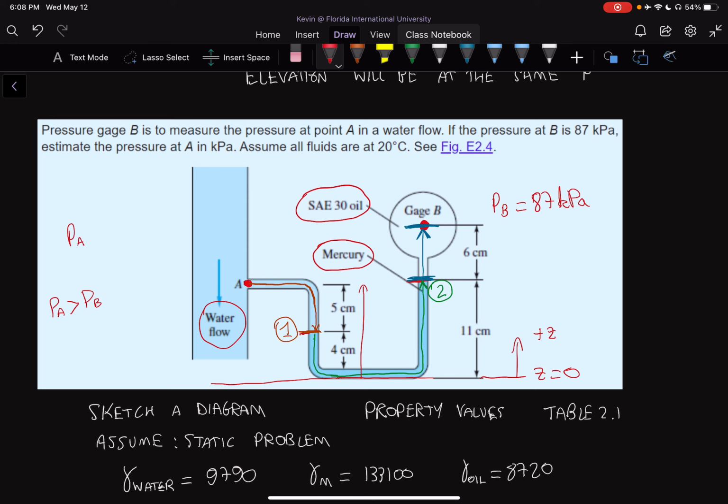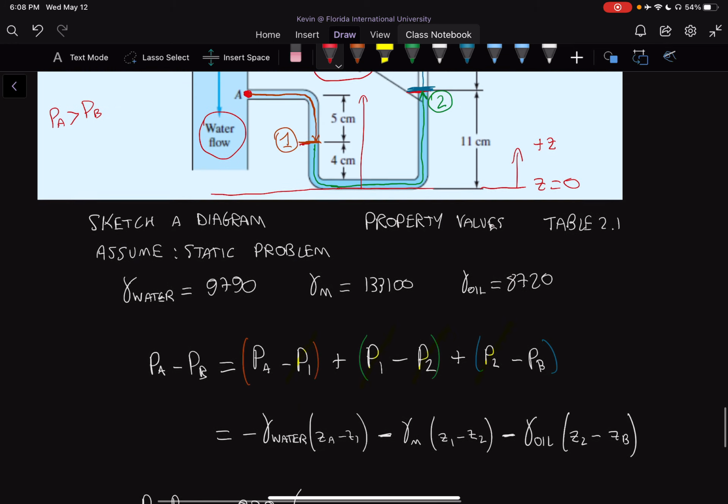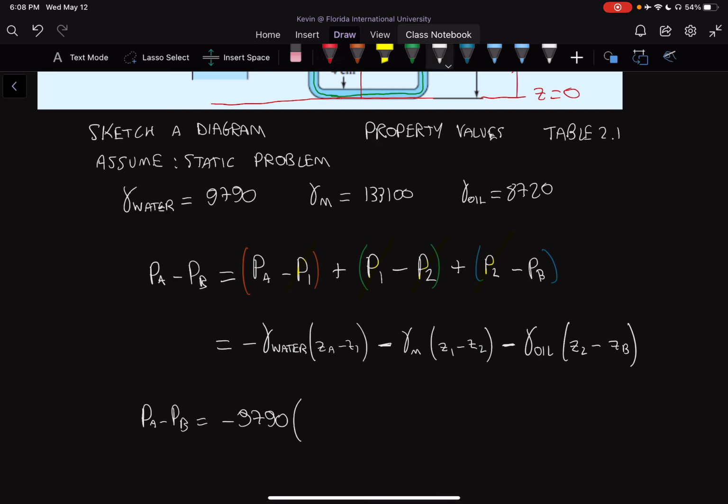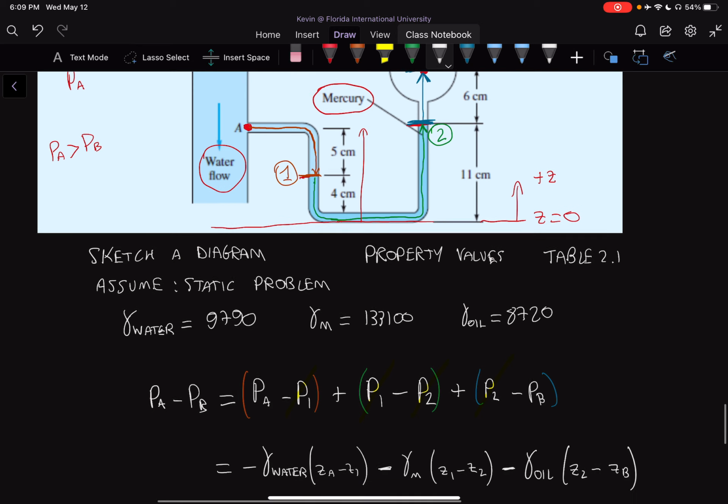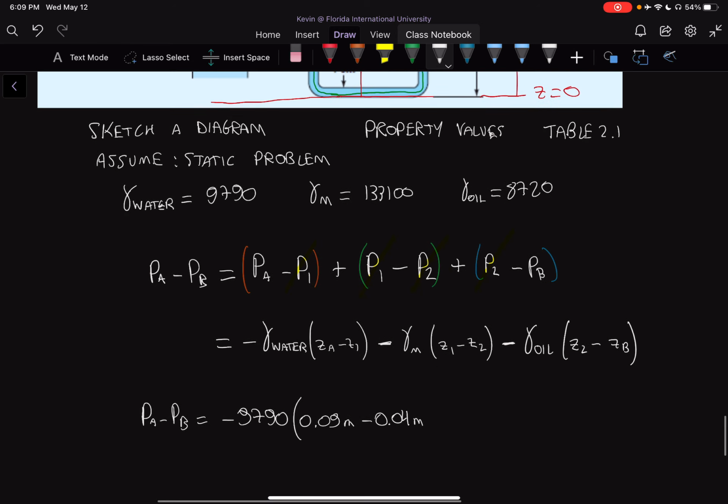So ZA is equal to 0.09. That's in meters. We're going to put everything in meters because that's the SI unit. Minus 0.04 meters. We see that it's 4 centimeters up until point 1. So we have minus 0.04.